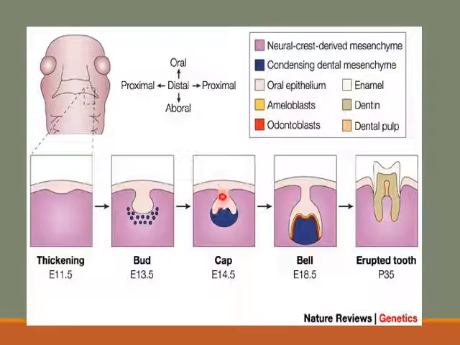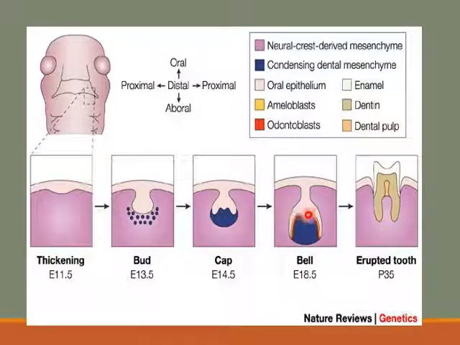This is the dental lamina, and this is the oral epithelium, and this blue represents the dental papilla, which is covered by the dental follicle or dental sac. So enamel organ, dental papilla, dental sac or follicle: this represents a tooth germ.